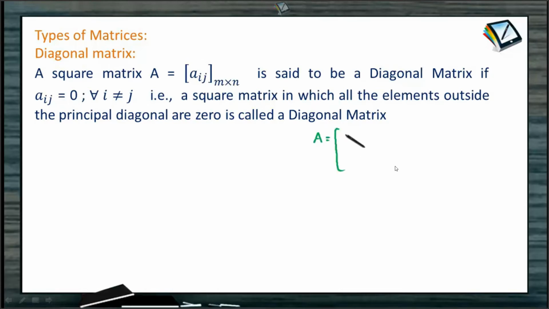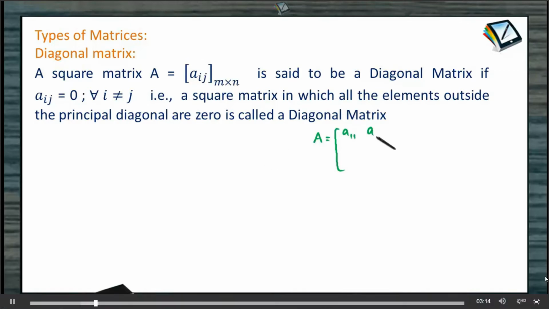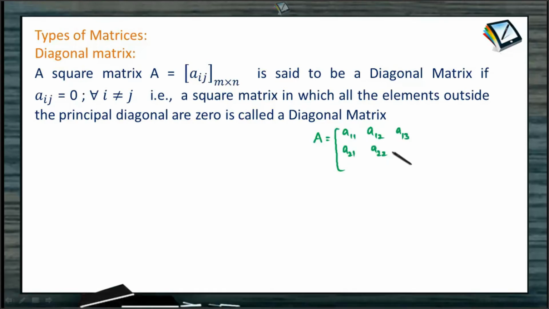Now if you look at this matrix, which is of order 3 by 3, A11, A12, A13, A21, A22, A23, right? A31, A32 and A33. These are the entries of a 3 by 3 matrix.